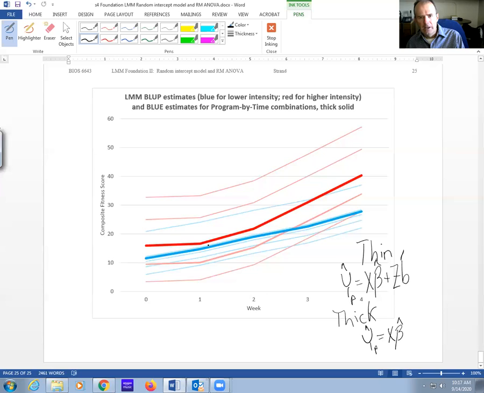We see the overall average differences between the two programs. And again, a straight line increase, importantly, for the lower intensity program, and then an initial fairly flat period and then more increase for the higher intensity program. So those are probably the most important thing, but this also reflects the fact that there's more variability between subjects in the higher intensity program than in the lower intensity program. So it kind of mimics the data, but it straightens out the values a little bit.